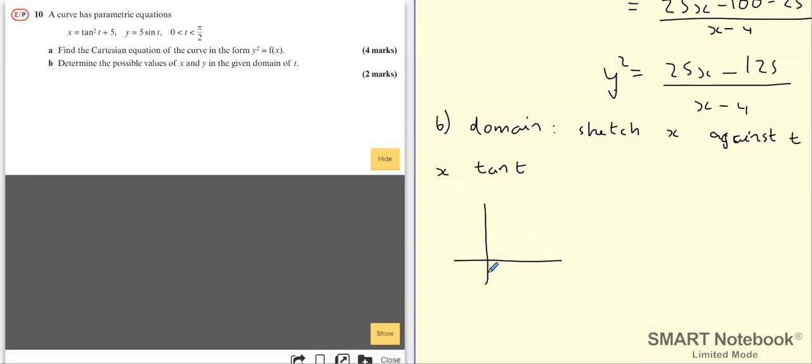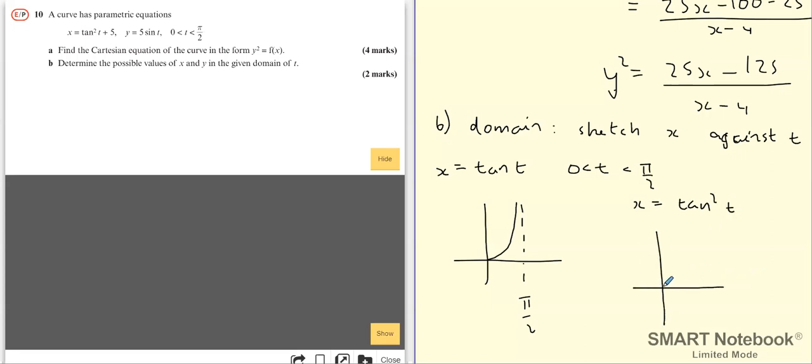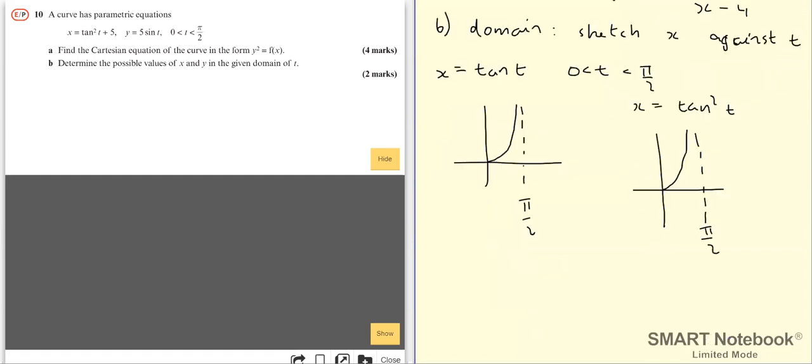And so I'm only looking at t values between 0 and pi over 2. So I'm going to draw a sketch only between 0 and pi over 2. Here's tan t between 0 and pi over 2. But then I'm going to do my next transformation, x equals tan squared t. But if I square it between 0 and pi over 2, nothing really is going to happen. It's just going to become steeper. And I get up to that stage.